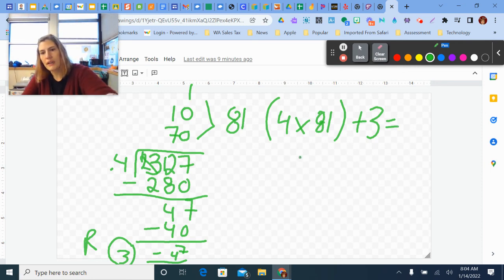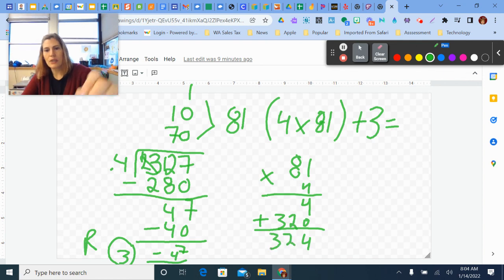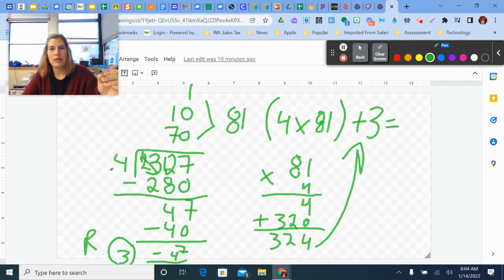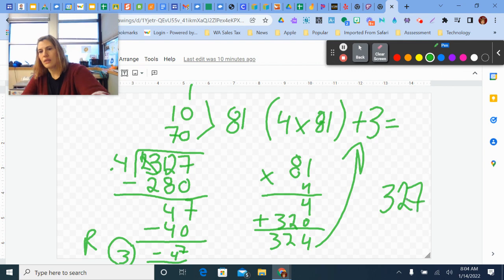So let me multiply 81 times 4. So 4 times 1 is 4. 4 times 80 is 320. Add it together, and I get 324, but then I have to remember to add my 3. I'm not done, so that would be 327. So that is the first strategy we're going to learn.